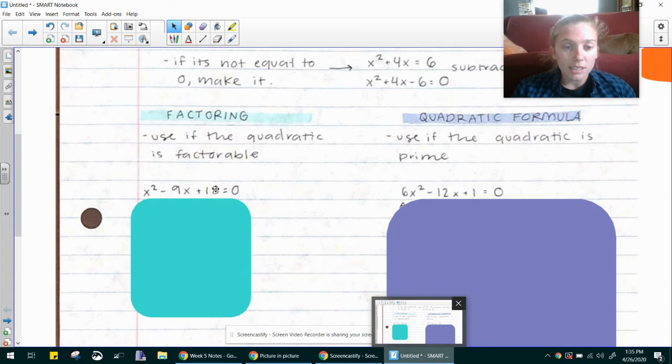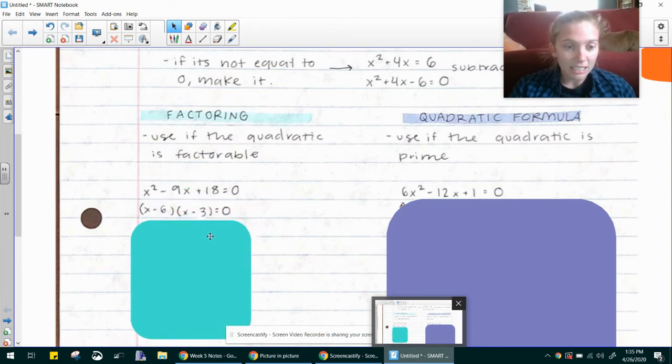In this example, the magic numbers that multiply to 18 and add to -9 are -3 and -6. So to factor, we will have x minus 6 and x minus 3 equals 0.